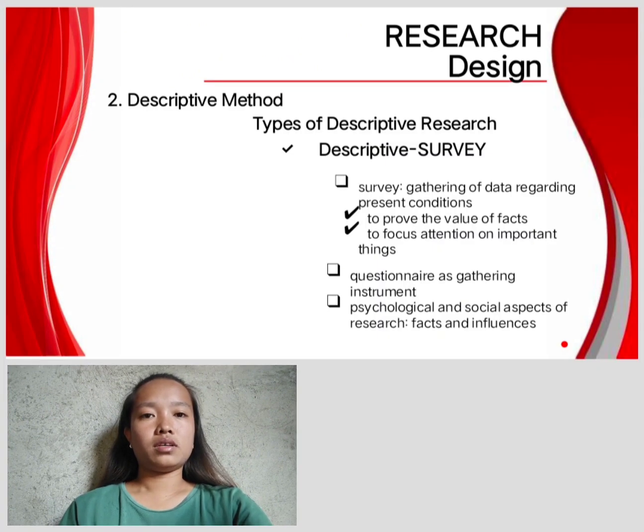A survey is the gathering of data regarding present conditions to prove the value of facts and to focus attention on important things, with the questionnaire as the gathering instrument. It covers the psychological and social aspects of research, facts, and influences.